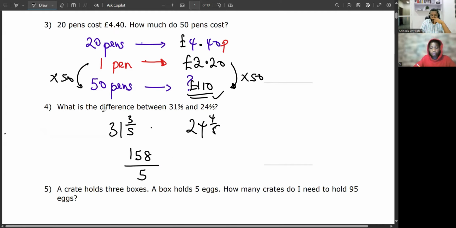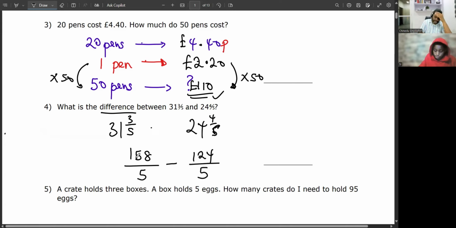No, see, the difference means take away. So then take away this one: 24 times 5, that's 120, and add 4: 124. 124 divided by 5.